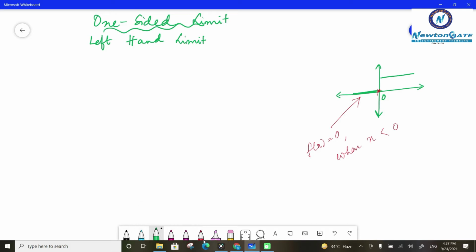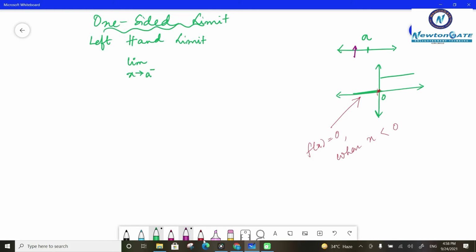So what is the definition of left hand limit and how do we denote it? The notation for left hand limit is limit x tends to a minus. Now what is this minus for? This minus represents the left hand side, because generally, suppose this is my point A. If I draw it on a number line, this is my exact point A. If I have to go on the left hand side, we generally subtract something, right?